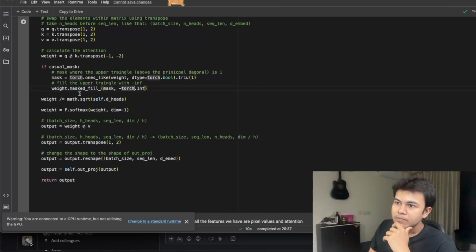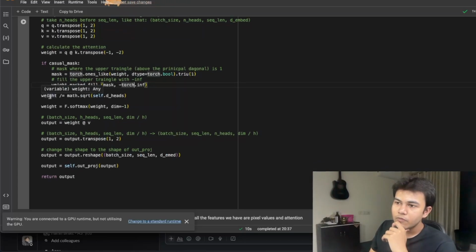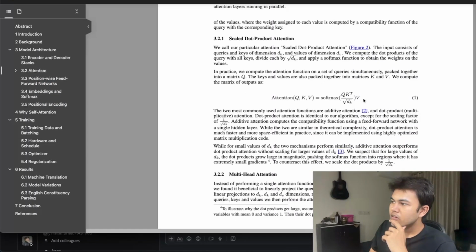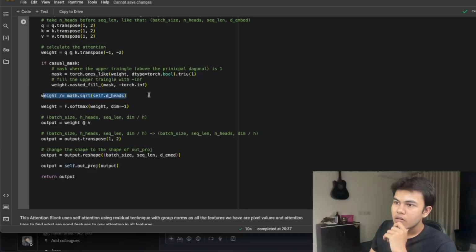And then we have the weight divided by dk, right? It's the same formula which we have seen here. And then we are doing the f dot softmax function.